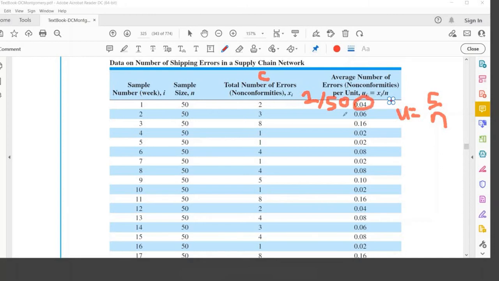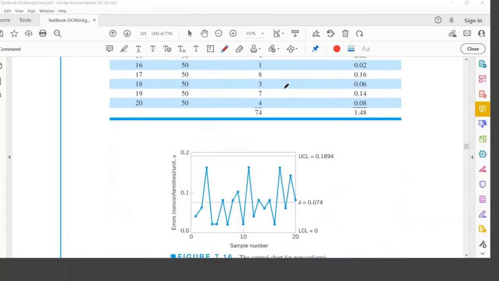Macam kira P lah. Kita kira P kan. In this case, we are counting the defects. So the second one, 3 divided by 50, you get 0.06 and so on. And then you just plot.